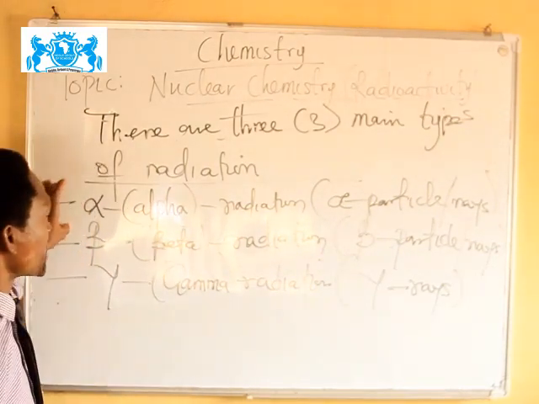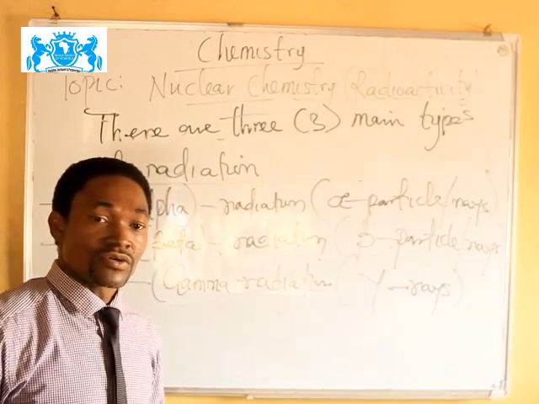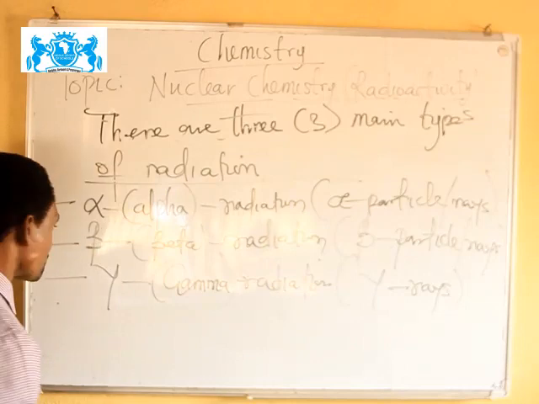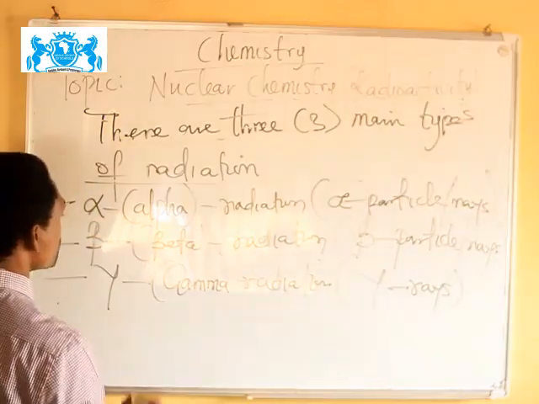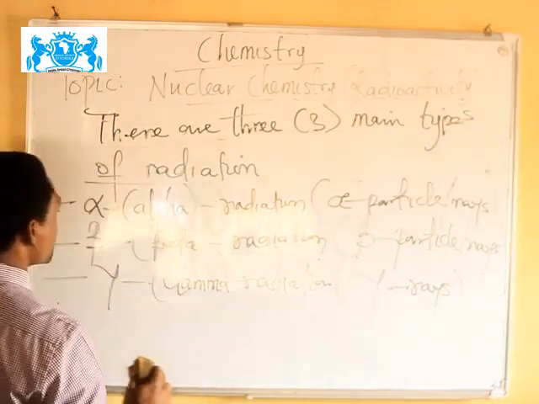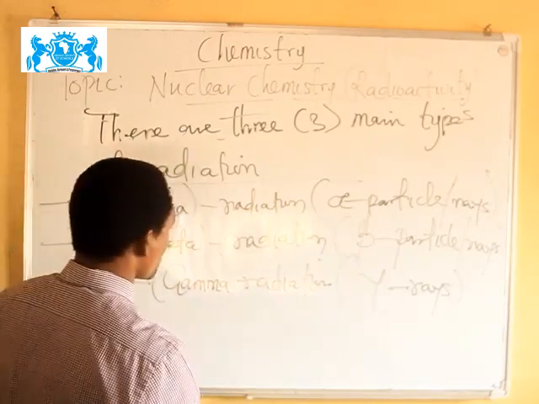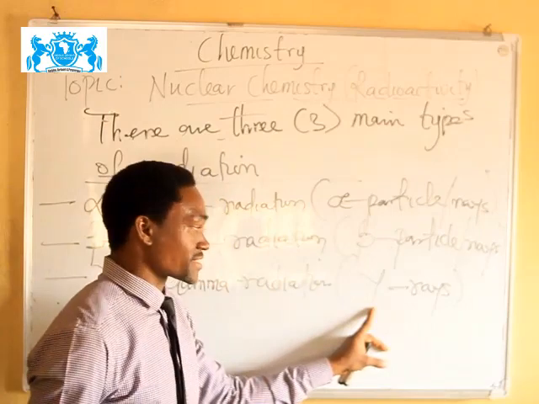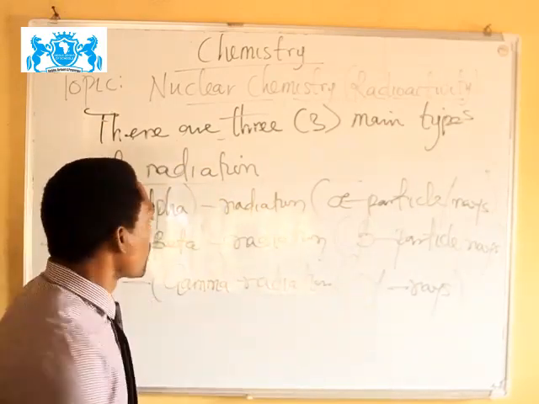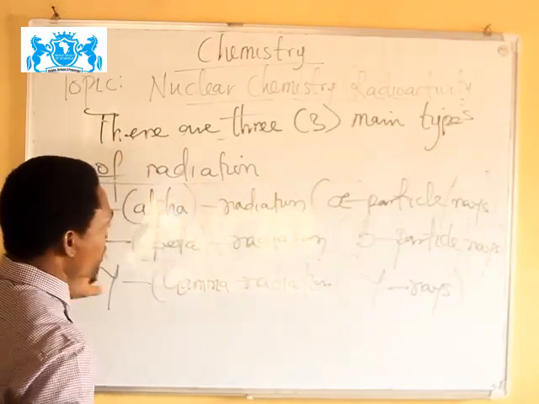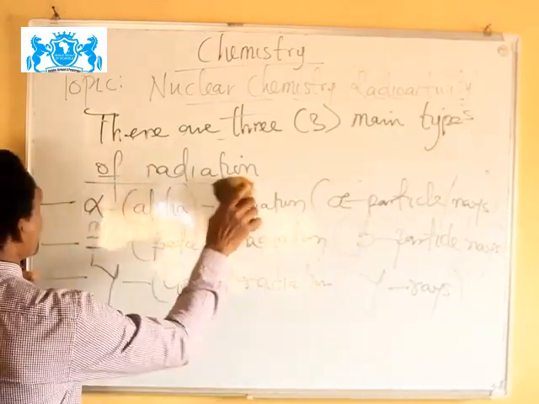It can be represented by the nucleus of a helium atom. So let's quickly take a look at each of them and their symbols. Gamma rays are represented by the letter gamma, alpha rays by the alpha letter, and beta rays by the beta letter.